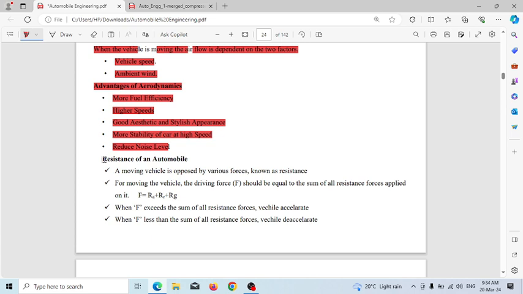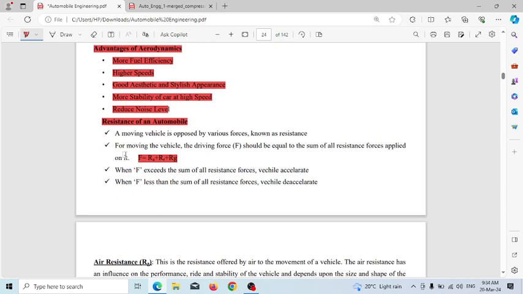So what are the factors of resistance of an automobile? These are the three types of resistance: RA, RR and RG. A moving vehicle is opposed by various forces that are known as resistance. For moving the vehicle, the driving force F should be equal to the sum of all the resistance forces applied on it.